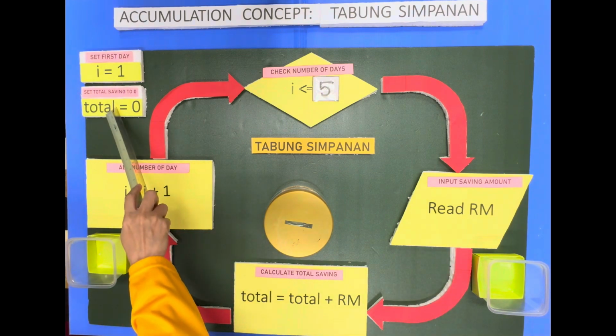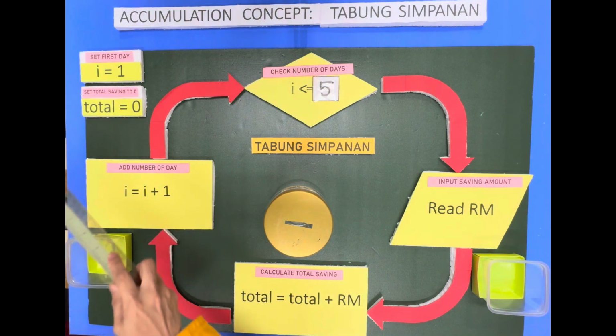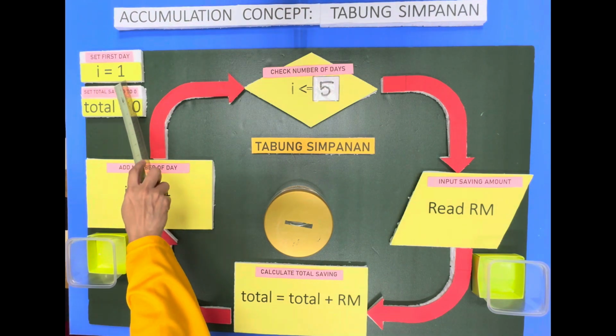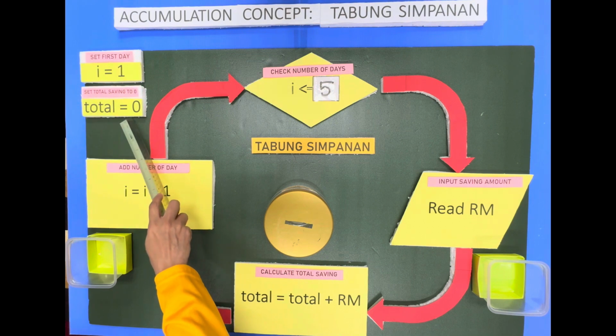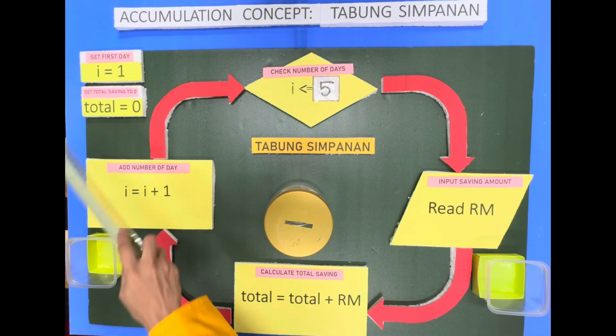Variable total and variable I must be initialized before starting the accumulation. So I will start with 1 for day 1 and total will start with 0. Why? Because there's no saving yet.